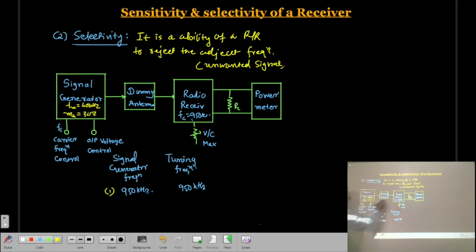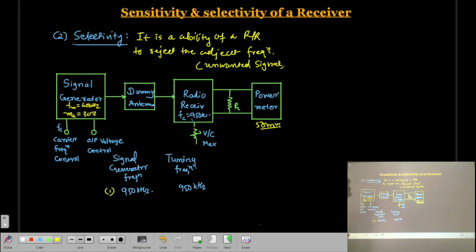So both are tuned to the same frequency. Then you change the amplitude of the input signal from the signal generator so that the power meter indicates a 50 milliwatt output.